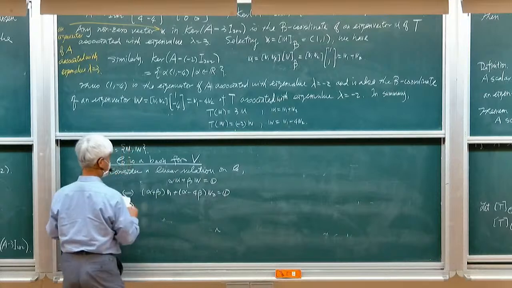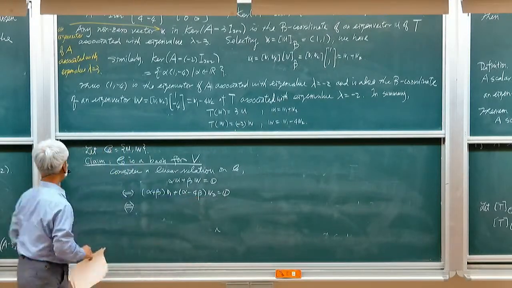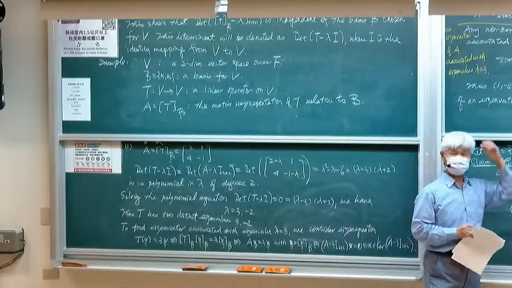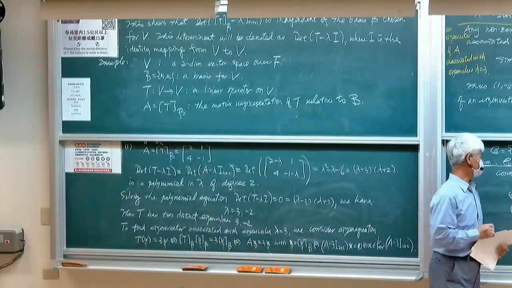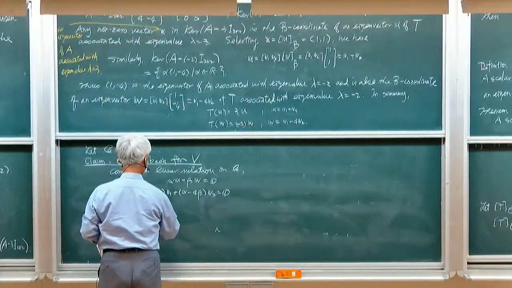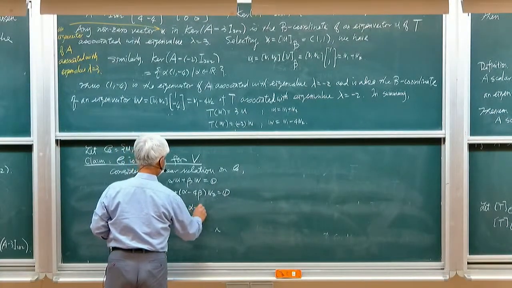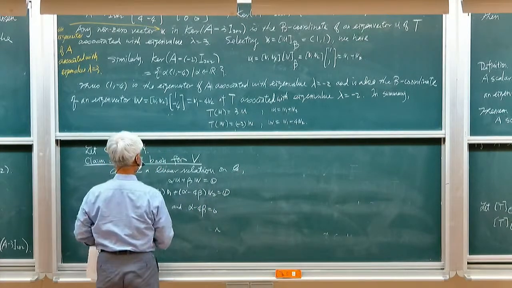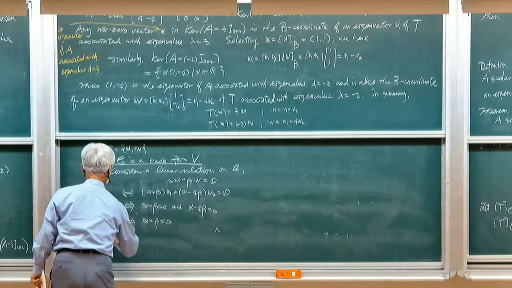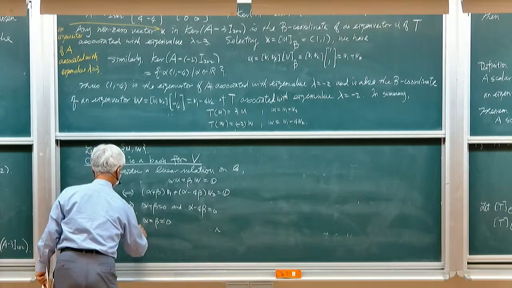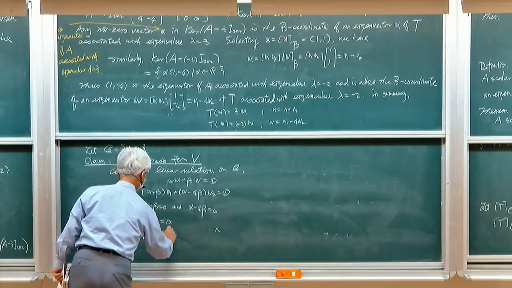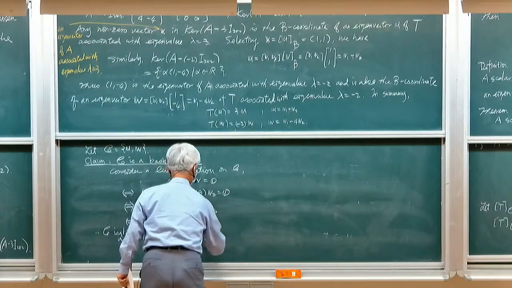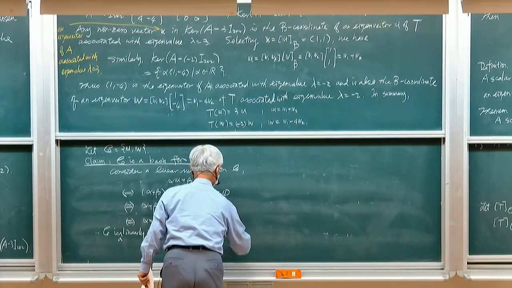But because V1 and V2 form a basis, they are a linearly independent set, so that alpha plus beta equal to 0 and alpha minus 4 beta equal to 0. So this is saying that alpha equal to beta equal to 0. Okay, so C is linearly independent. So it's a linearly independent set of size 2.